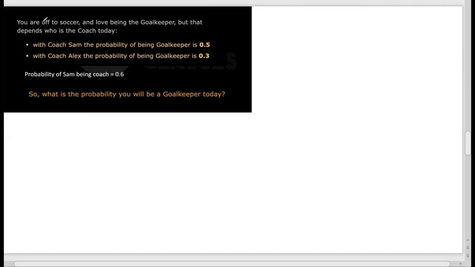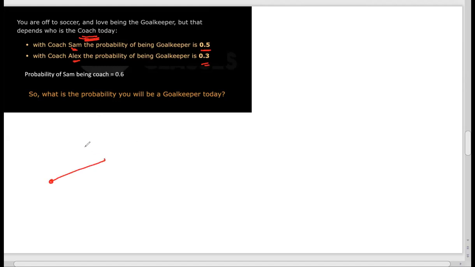So you are off to soccer, and you love being the goalkeeper, but that depends on who the coach is today. With coach Sam, the probability of being goalkeeper is 0.5, and with coach Alex, the probability of being goalkeeper is 0.3. The first thing mentioned here is who the coach is.